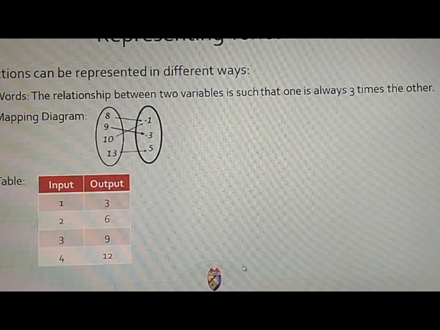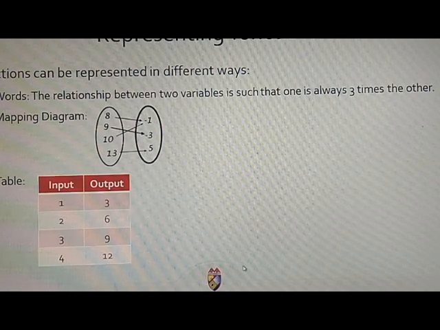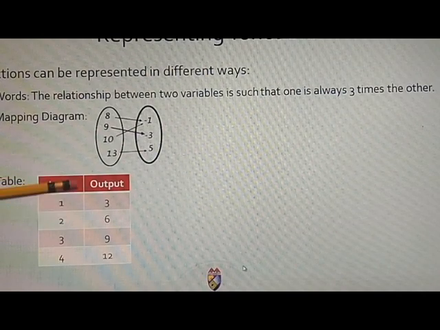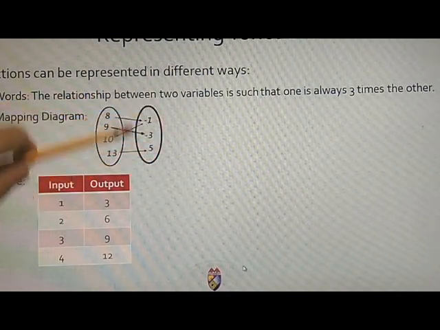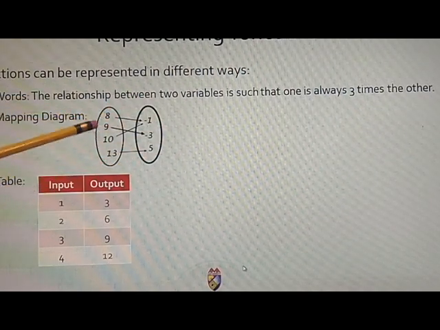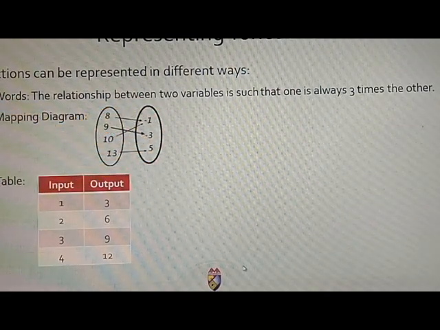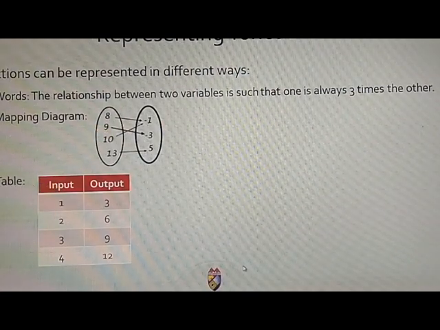Next, through mapping. So we have here example number 2, the mapping diagram. We have the first elements and the second elements. The first one represents the input, and the second one represents the output. The arrow here represents the operation performed.